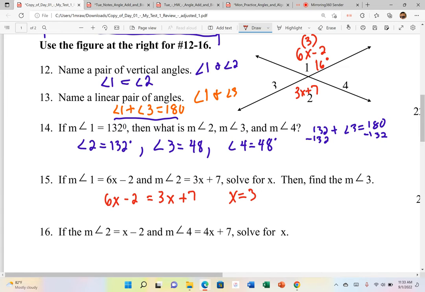In other words, 16 degrees plus angle 3 equals 180. Subtract the 16 from both sides, and we get angle 3 equals 164. Again, we're using that picture for representation.